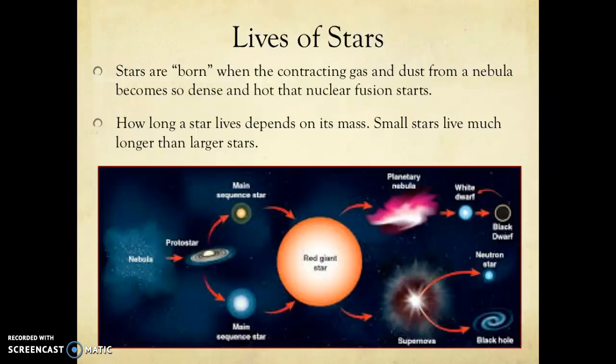And just because it's so much bigger, it requires more fuel to run. Whereas with a smaller car, you don't need to get gas as often, and it doesn't go through it as quickly. It doesn't need as much to do the same thing that the truck does. So it's very similar with stars. Smaller ones don't need as much fuel, so they tend to live a bit longer because they don't go through their fuel as quickly as the larger ones do.